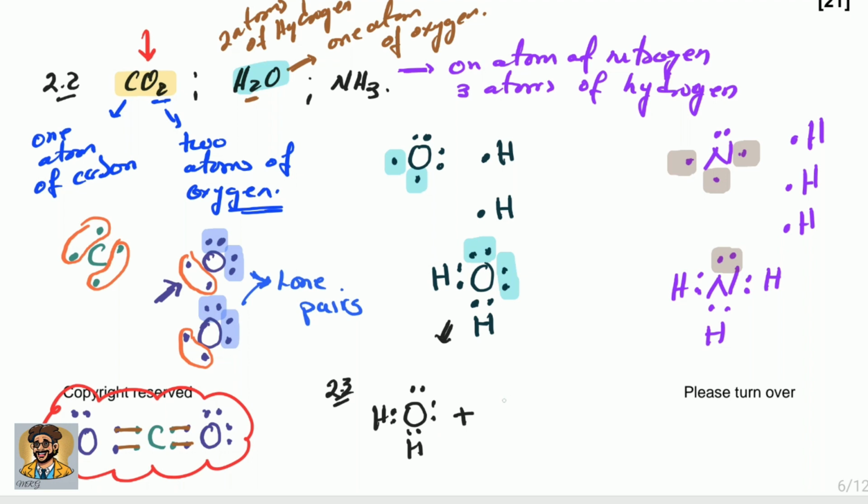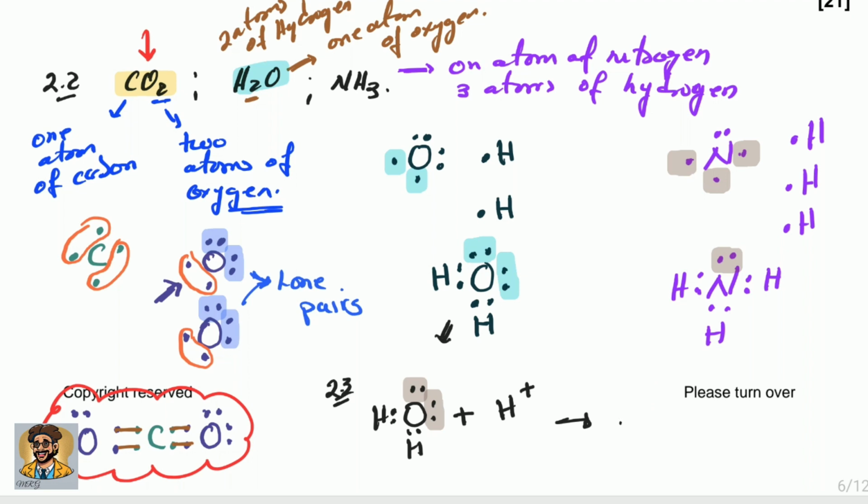Now with this one, you are going to add the hydrogen ion. Know the following. This hydrogen does not have any electron to share with the water. So what is going to happen? Water is going to share one of the 2 lone pairs with that specific hydrogen. They're going to share that lone pair, one of the 2 lone pairs.